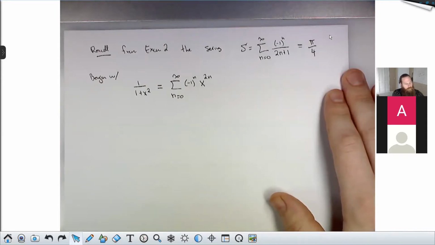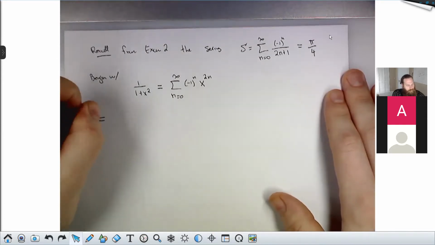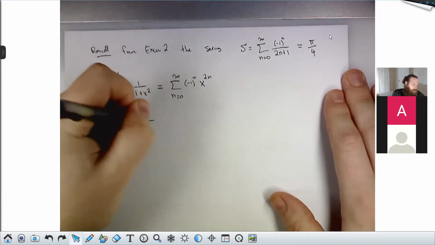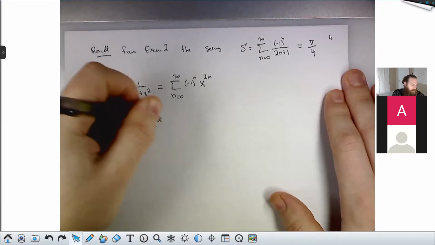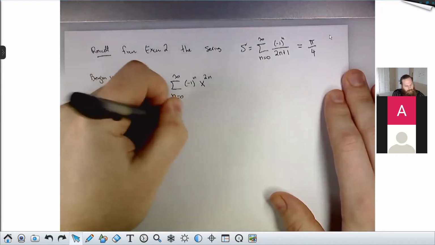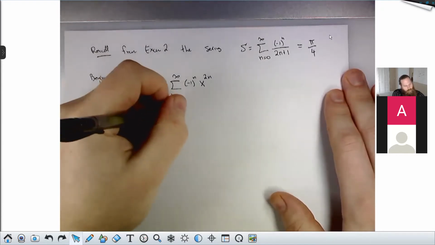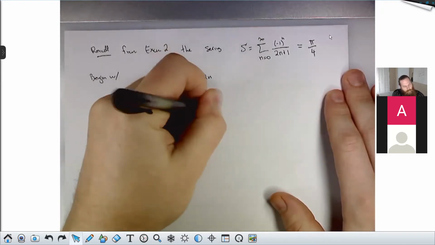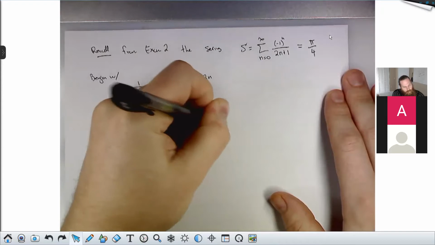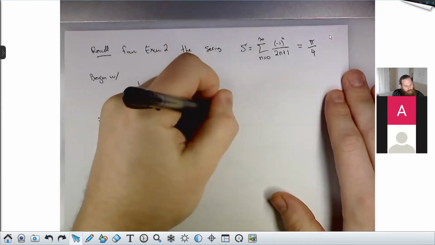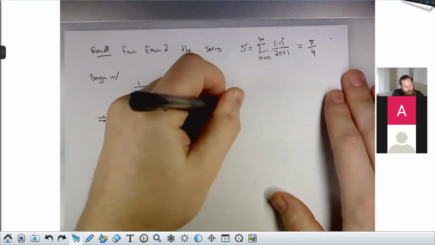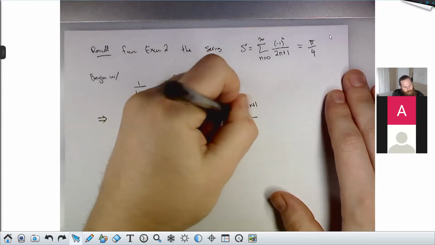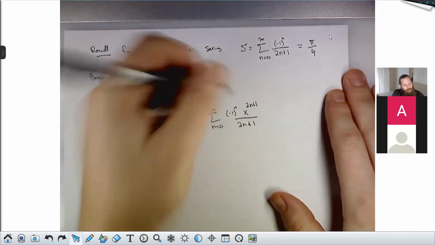Now, if I integrate on both sides, here I'll get C plus sigma n from 0 to infinity, -1 to the n, x to the 2n plus 1 over 2n plus 1.